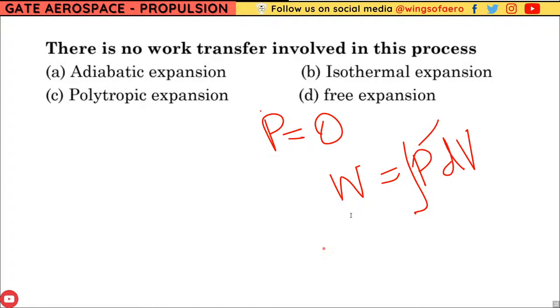So if P is 0, what will happen to the work? Work will be 0. So keep this as a key point: in free expansion, work transfer or work done will always be 0. You can note this as an important point. So that is it.